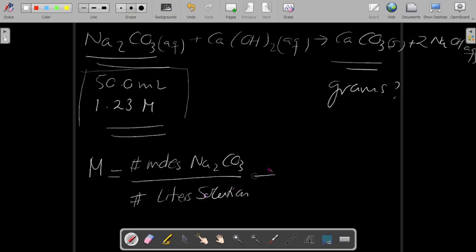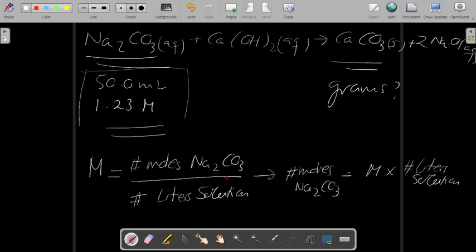So from here, I can find my number of moles. Moles for sodium carbonate equal the molarity times the number of liters of that solution.